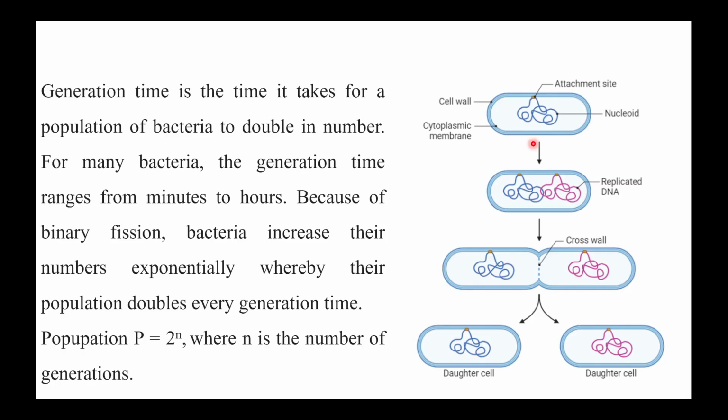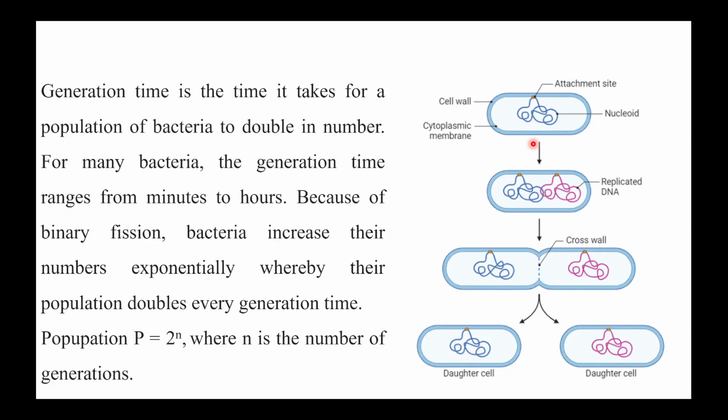If we start with one bacterium, it will become two bacteria after the first generation. So 2 raised to the power of 1, that is 2. Now 2 bacteria will become 4 bacteria after the second generation. So 2 raised to the power of 2, that is 4. Now 4 bacteria will become 8 bacteria. So 2 raised to the power of 3, after the third generation, it will become 8.